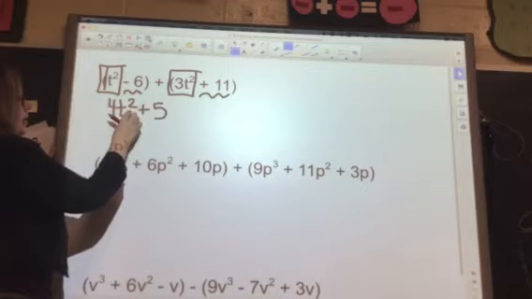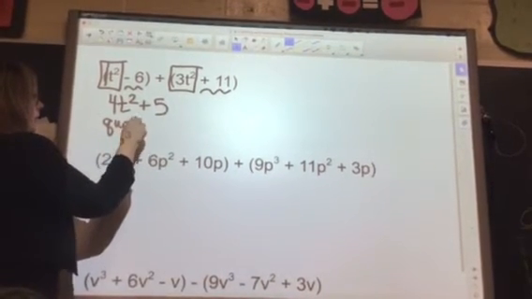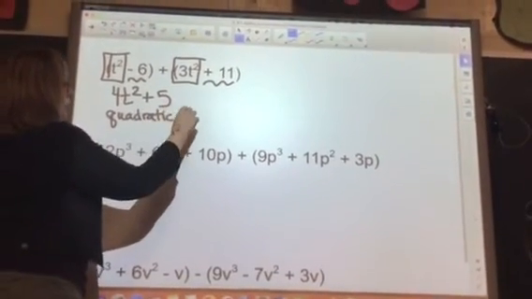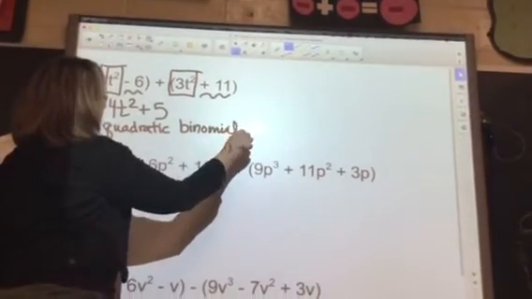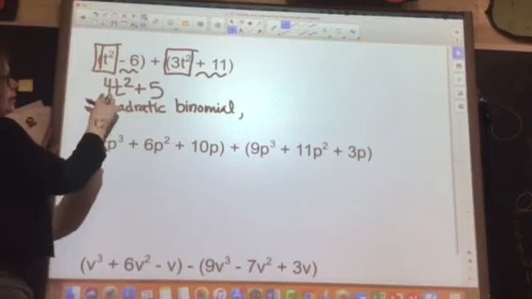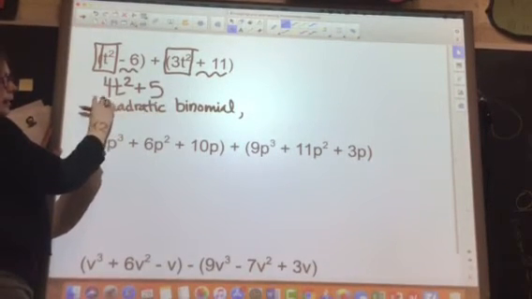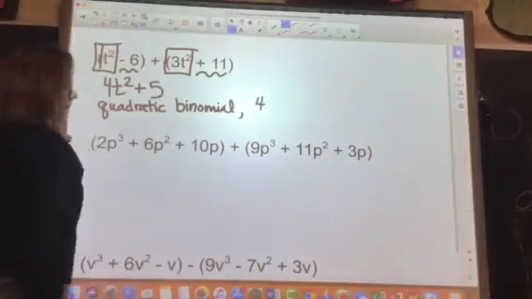So this is a degree 2 quadratic binomial. And if you were asked to find the leading coefficient, that's the first coefficient once it's written in standard form. And the leading coefficient here is 4.